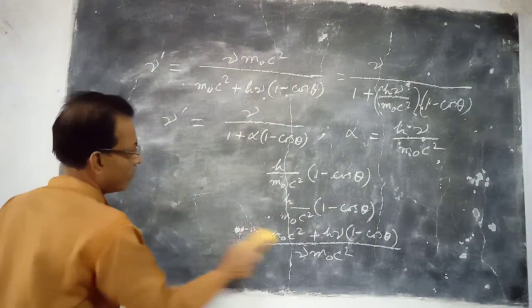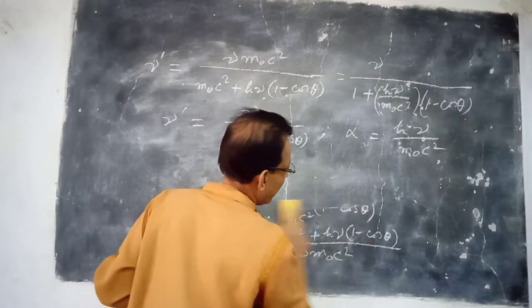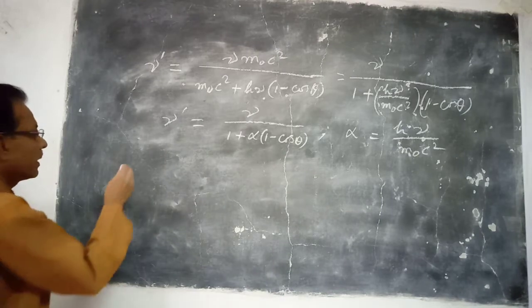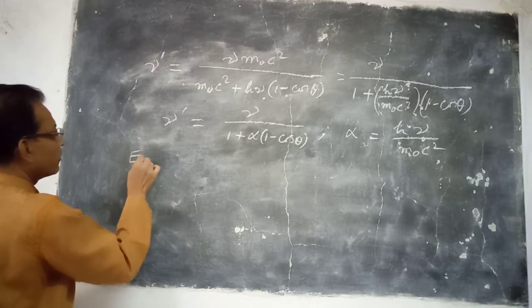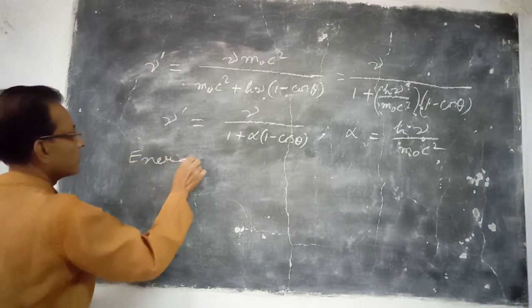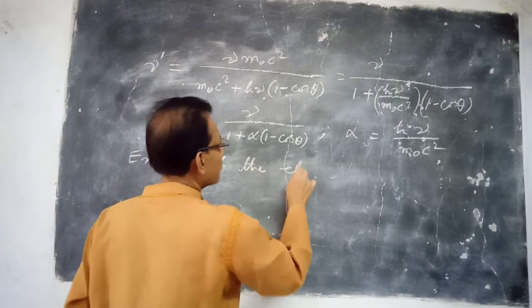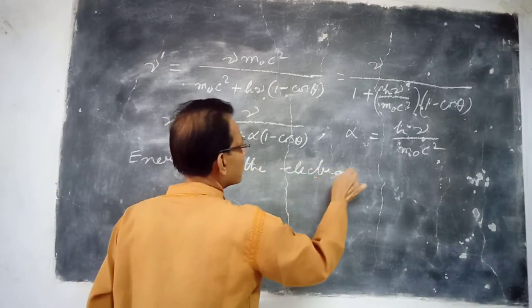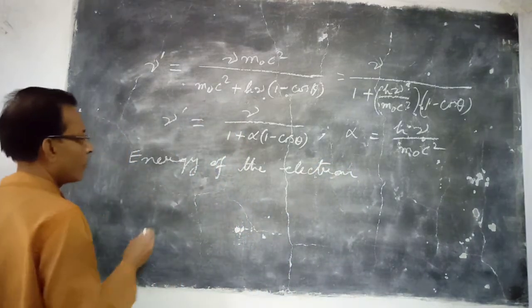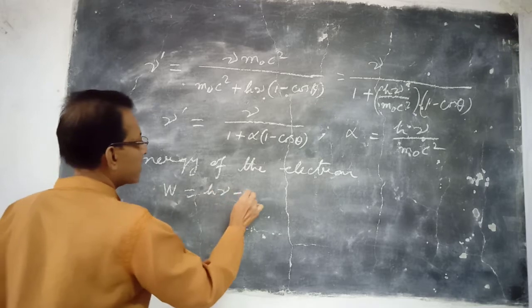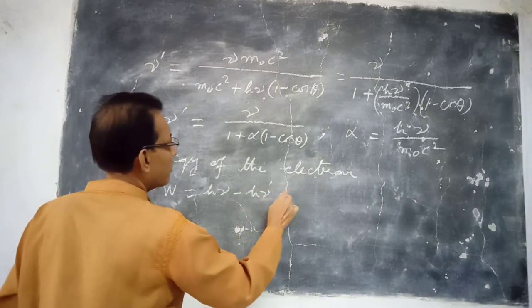So the energy of the recoil electron, W, is h nu minus h nu prime.